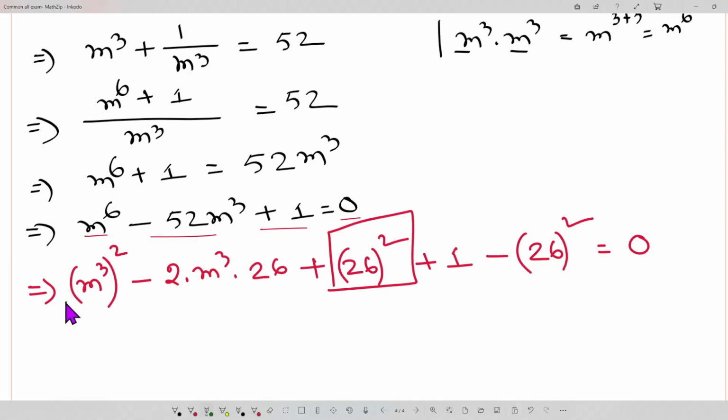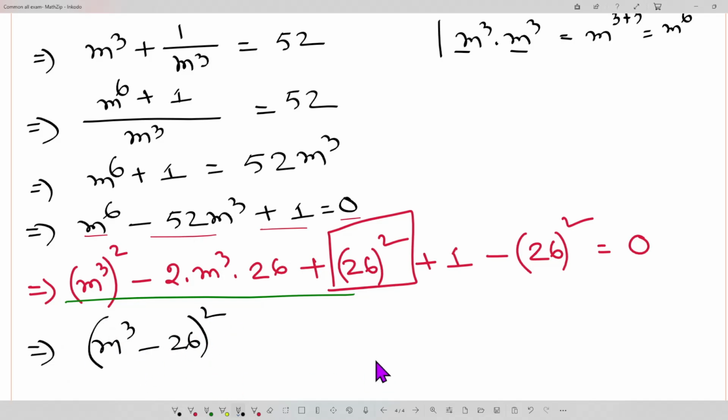Now this one, a square minus 2ab plus b square, therefore we can write m cube minus 26 whole square, right? And this one, minus will be plus, it means 26 whole square, and this one is minus 1.